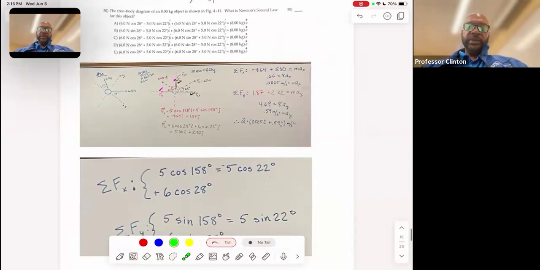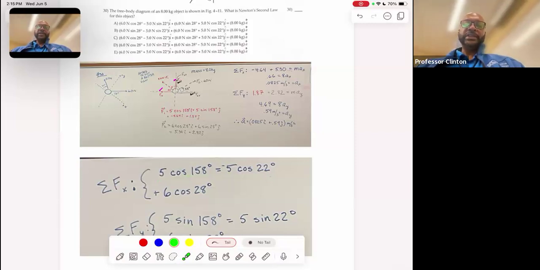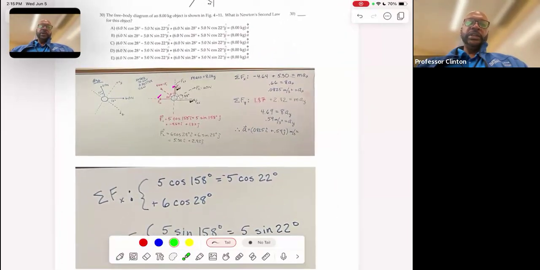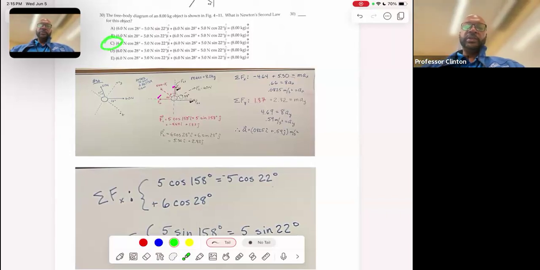And then here's your x component for your F1. And then you have to kind of know some trig identities here. Cosine of 128 degrees is the same as the negative of 5 times the cosine of 22 degrees. So they get a little tricky on you up here. And the answer was C for this particular case.